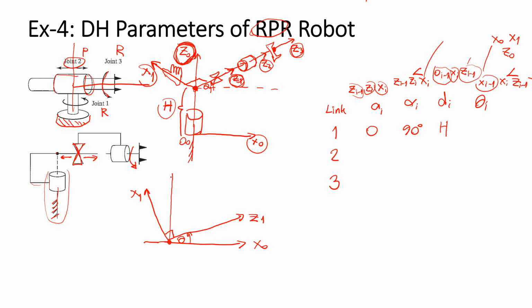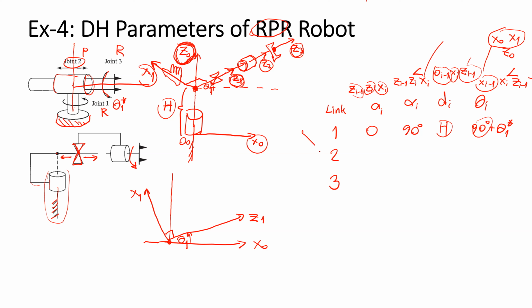So the angle difference between X0 and X1 will be 90 degrees plus theta 1. Theta 1 is the joint variable. H is constant, 90 degrees is constant, but theta 1 is variable.